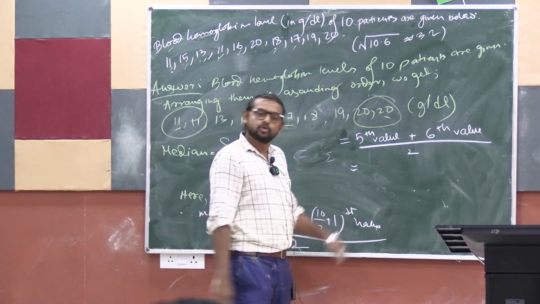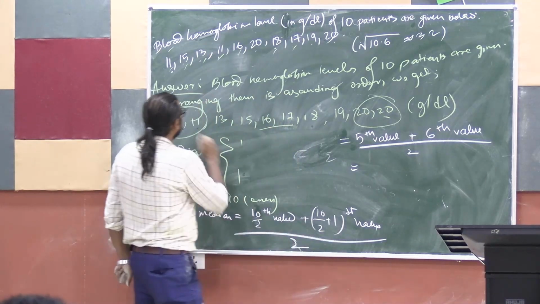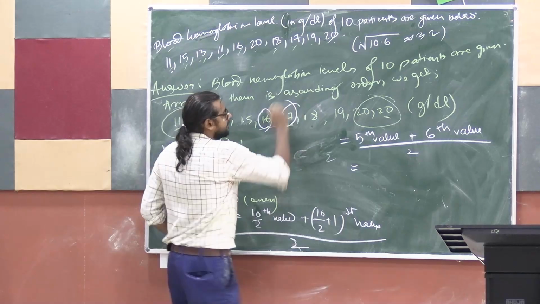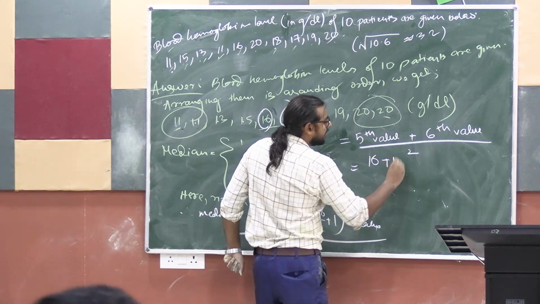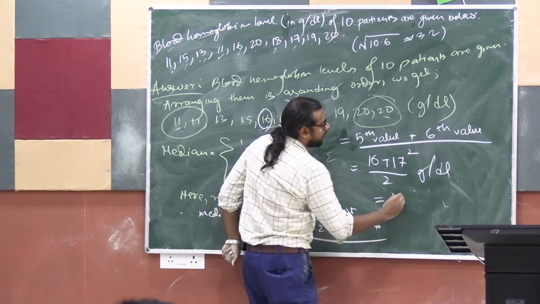It is not 5.5, but I have seen many people do 5 plus 6 by 2. Not 5.5, which is the fifth value, 1 2 3 4 5. Fifth value, sixth value, 16 plus 17 by 2 gram per dl, 16.5 gram per dl.